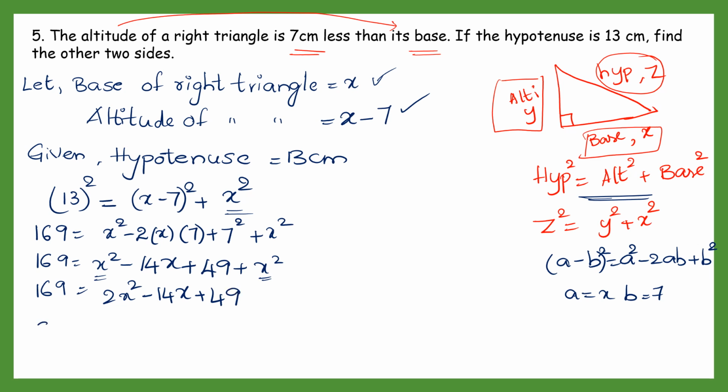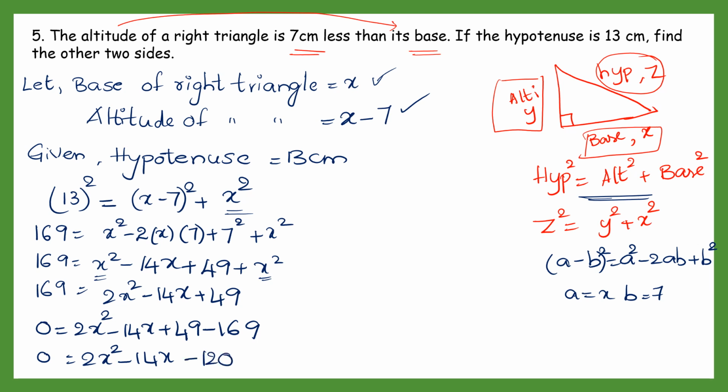If 169 comes to the right side, it will become 2x square minus 14x plus 49 minus 169. That means 0 is equal to 2x square minus 14x minus 120, since 49 minus 169 is minus 120. So 14 is divisible by 2, 120 is divisible by 2. Okay, so you can take 2 as common: 0 is equal to 2 into x square minus 7x minus 60.